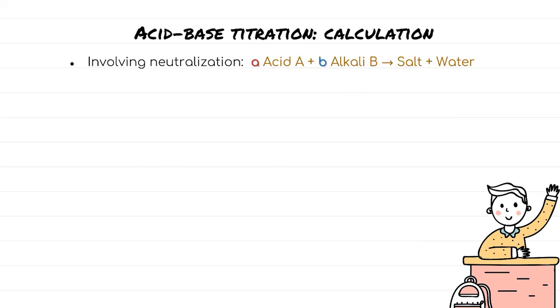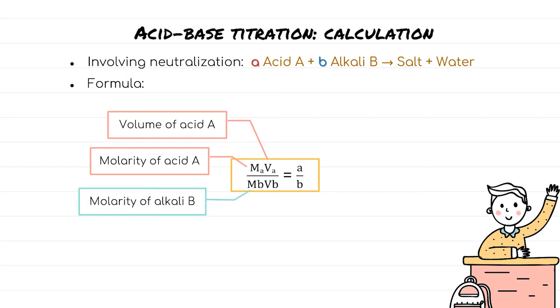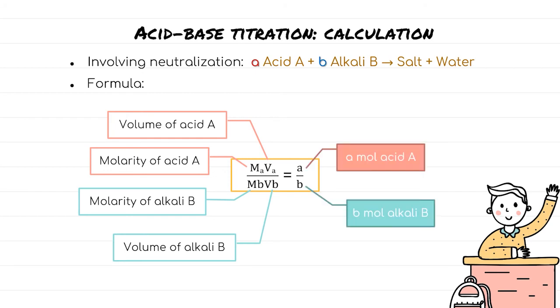So here we are going to look at the calculation of acid-base titration. We have the formula here, which is MAVA over MBVB equals a over b.